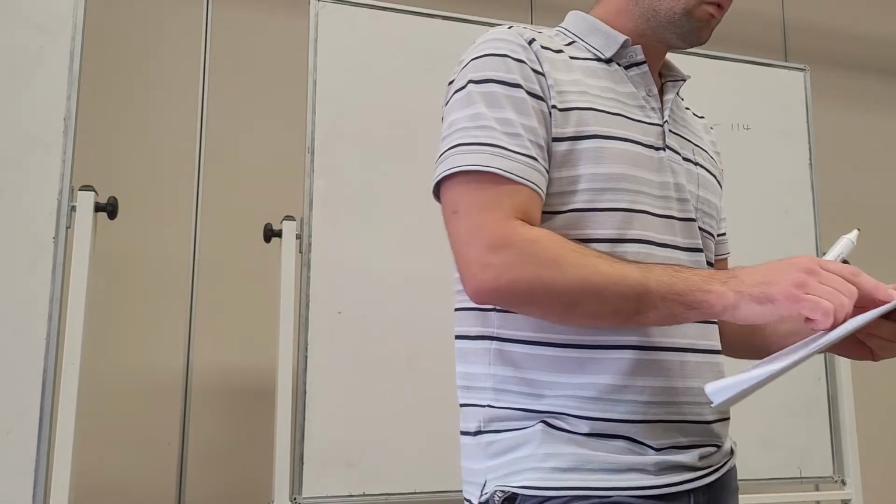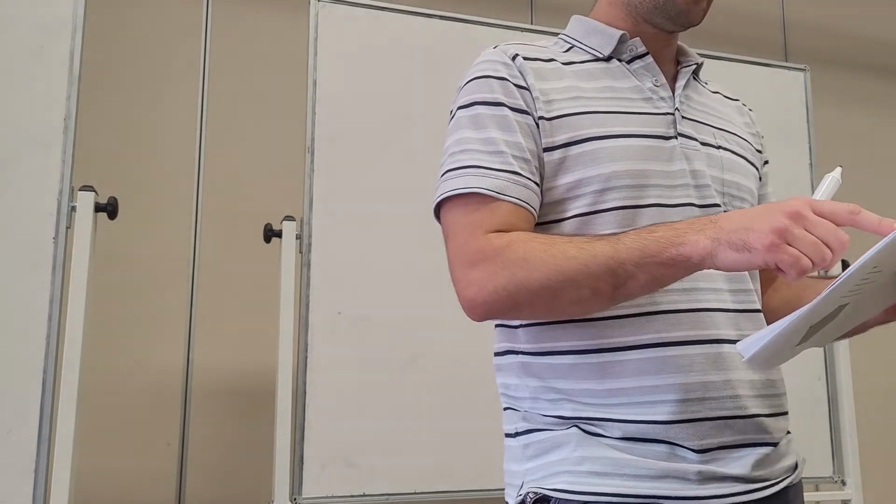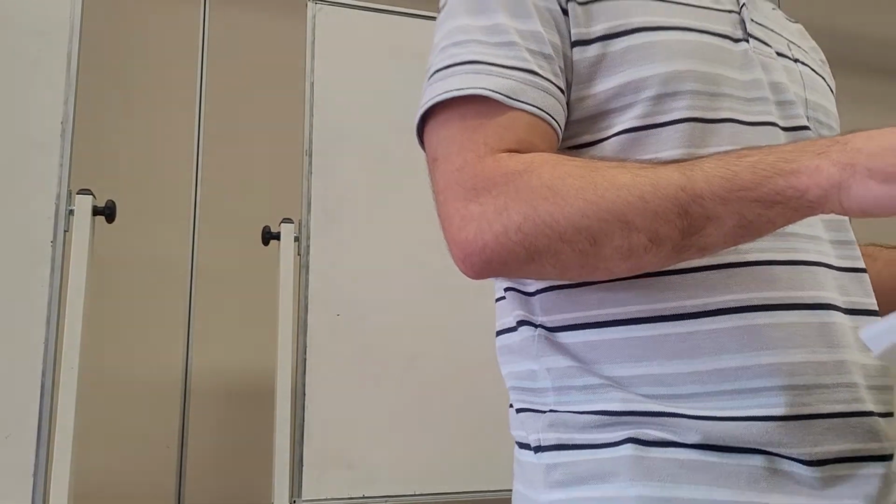So here's a nice easy example. Use a scale where 1 centimetre equals 5 units to represent a vector of 30 metres per second east. So we're representing a velocity here. It has direction, 30 metres per second east.